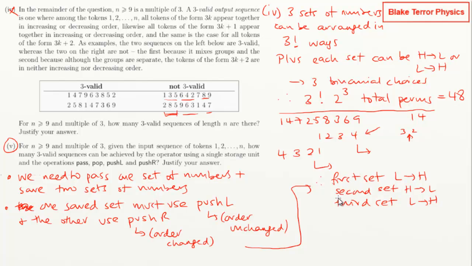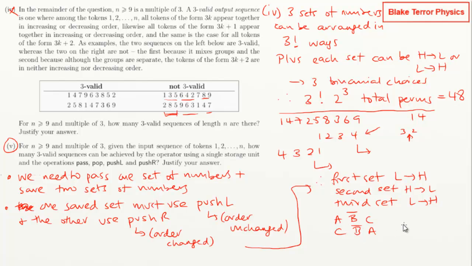Okay. And what does that mean then? What are our permutations for this? How many different ways can we arrange that? So we've got our A, B, C, with B being backwards in the middle. Then we could have C, B, A, with B backwards in the middle.